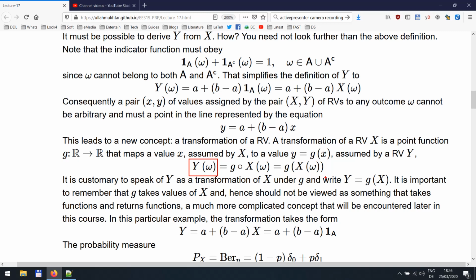And if you can recall school mathematics, this applying one function on top of another function can be represented by the function composition g of x. This little circle is off. So what this means is that first you apply x to omega, and then you apply g to the result of that.